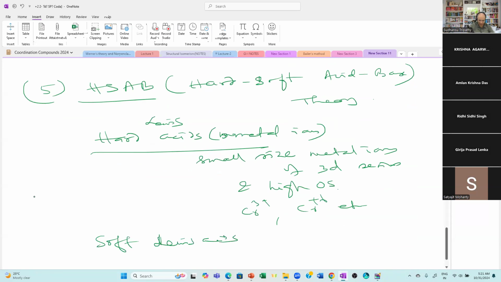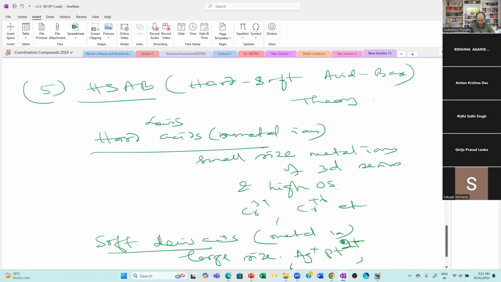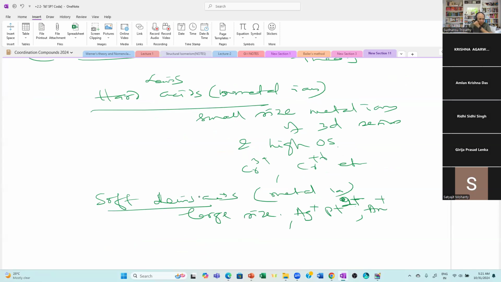Soft acids: metals acting as Lewis acids, but soft metal ions, large size, like silver+, platinum 2+, 4+, then you have gold+. They are soft, large size, high polarizability.